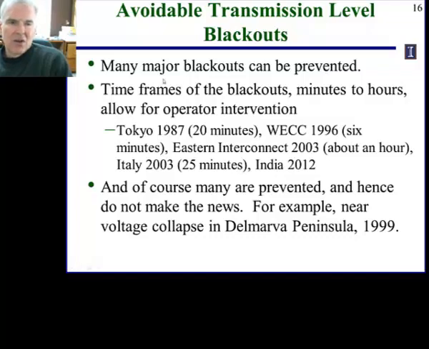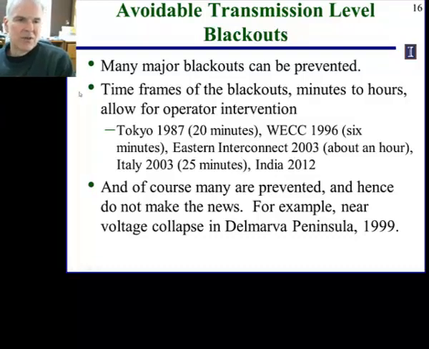But there are quite a few blackouts that, if you look at them after the fact, were quite preventable. And these are blackouts that have a time frame of minutes to hours that are not caused by a weather-related disturbance that's going to cause physical damage to the grid, or something like an earthquake, but rather the grid is operated at a point where it shouldn't be operated.